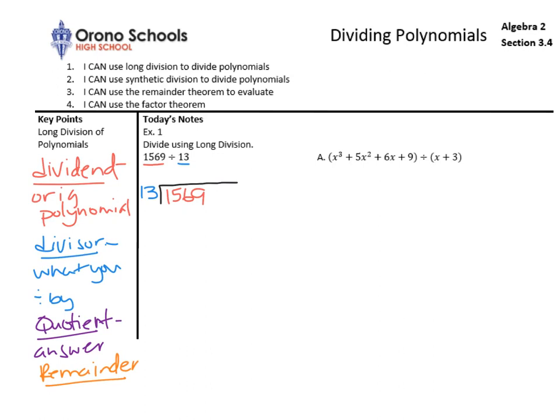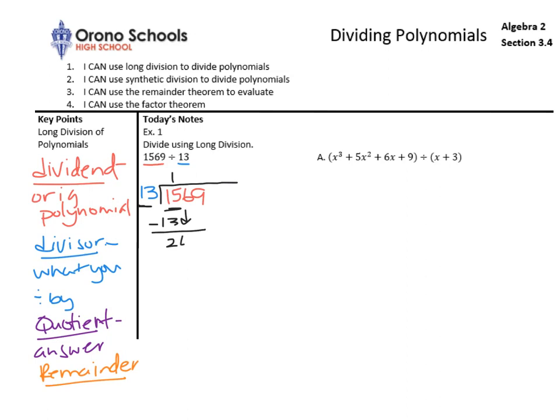To divide using long division, take the term on the outside and match it up with as many terms on the inside that it'll go into. 13 will go into 15 one time. 1 times 13 is 13, and then you subtract. 15 minus 13 is 2. Bring down the 6.